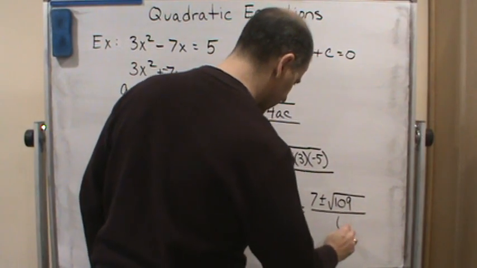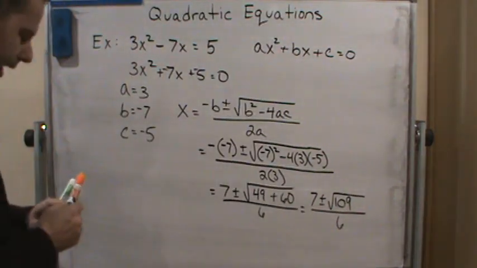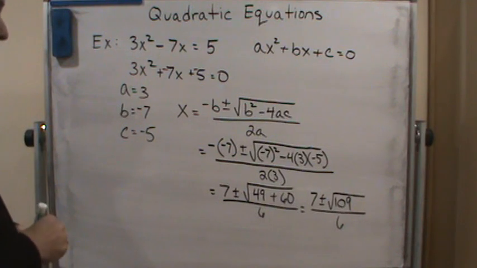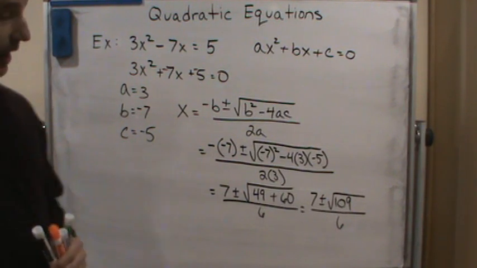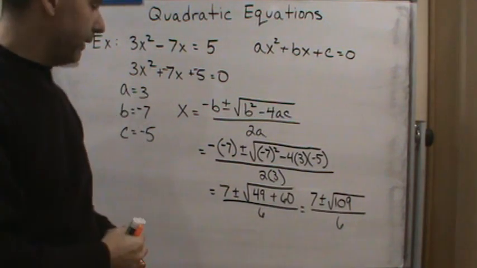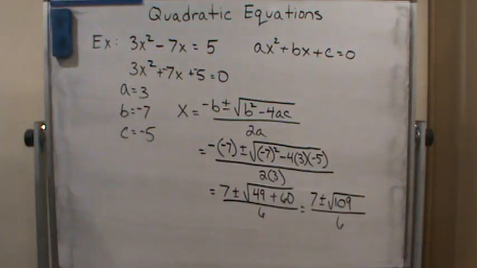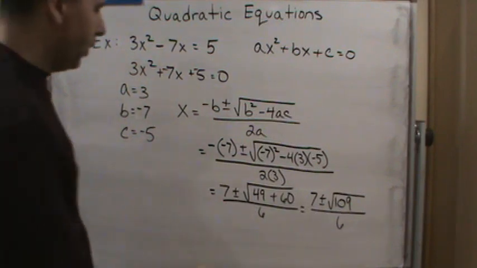Now here's the thing. 109 is not a perfect square. So we're going to have to put this in our calculator. Okay? But before we do that, what does this mean?